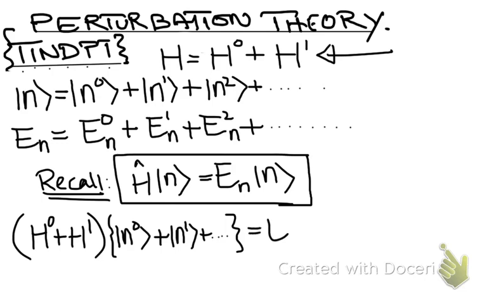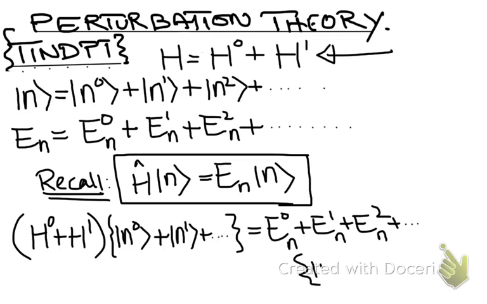And it gives me En0 plus En1, En2, and so on, right? And then it obviously returns me with my eigenstates that are again |n0⟩, |n1⟩, |n2⟩, and so on, right?